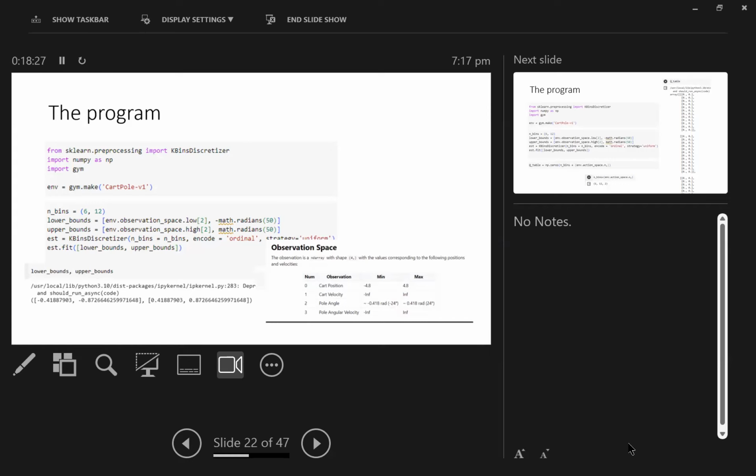Okay, I print this out. The lower bound is minus 4188. So this is the lower bound. Upper bound, another lower bound for the velocity is minus 50 degrees. So if you change manually to the radian, then you see that it gives you minus 0.87.